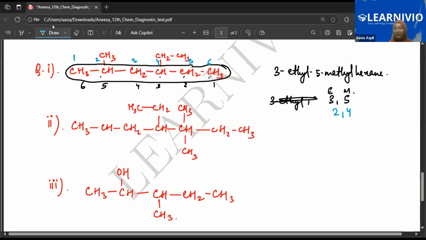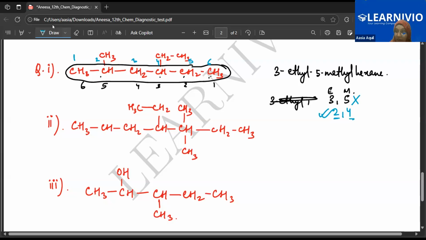So you have to check which one is the lowest. You have to assign the lowest number to the substituent. So you should start from the left side, this is wrong. When you compare, this is 2 and 4.